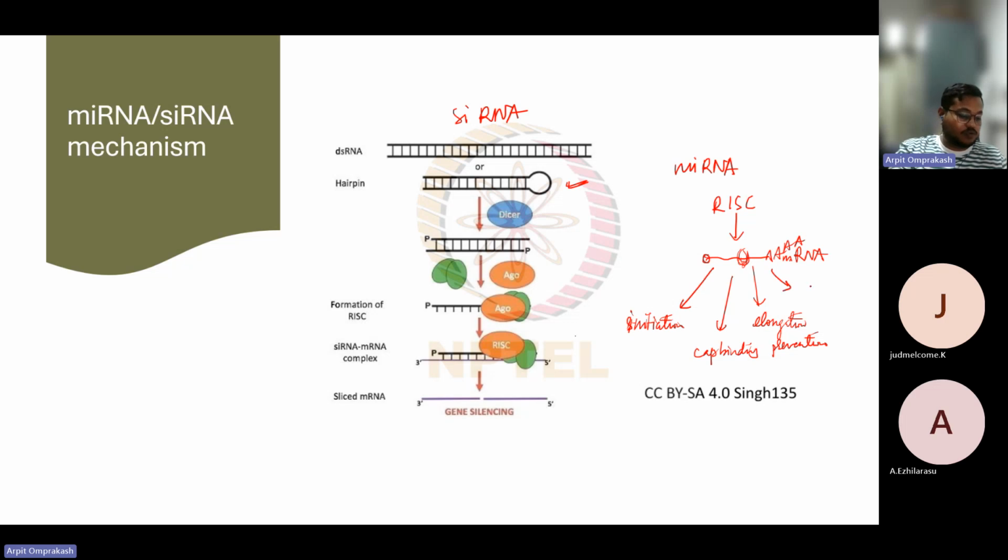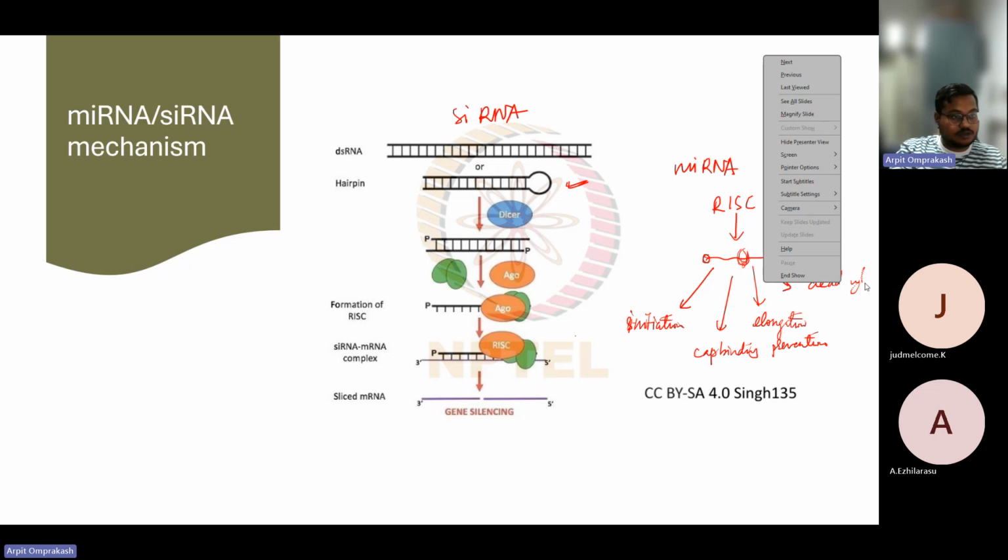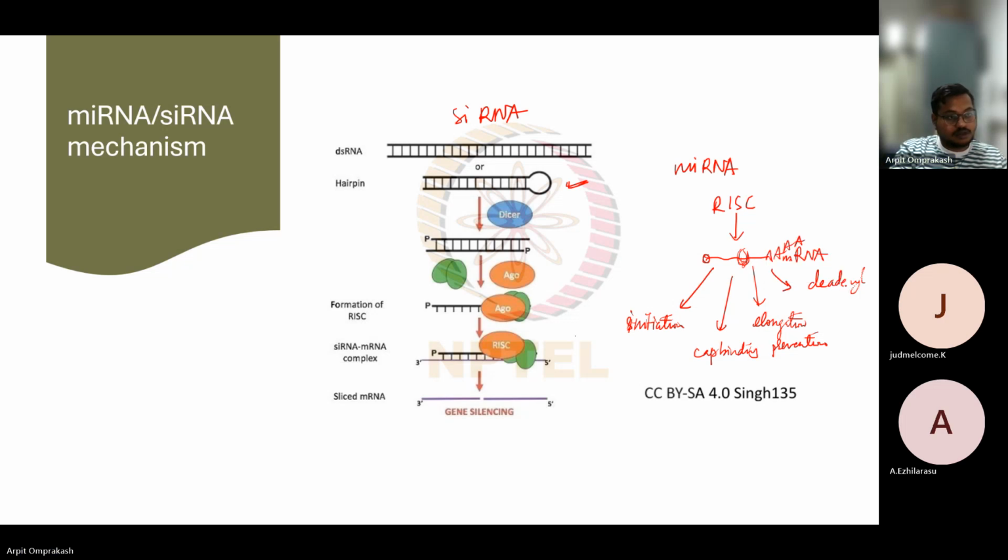The other thing it can do is deadenylation, which removes the poly A tail, and thus translation of the protein is not possible.